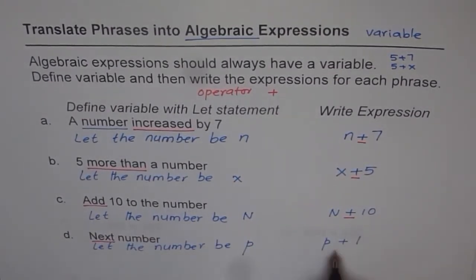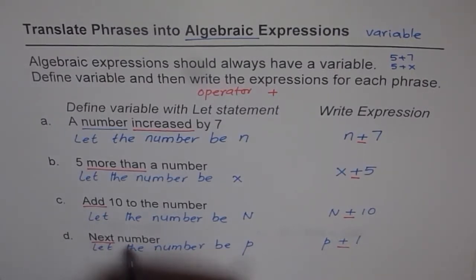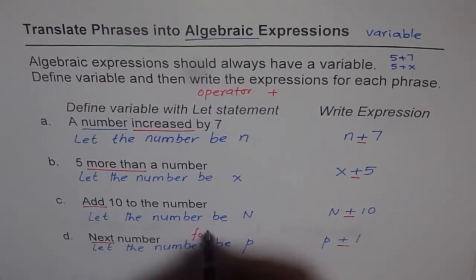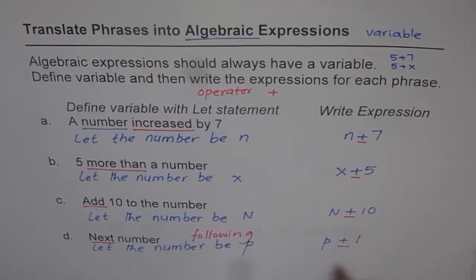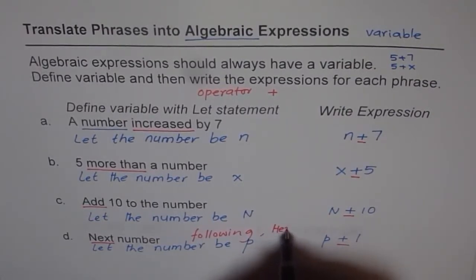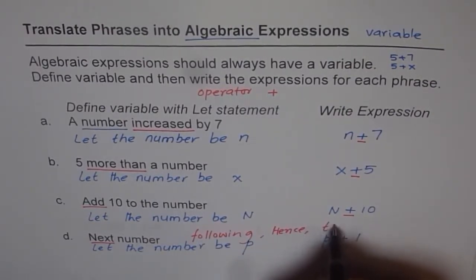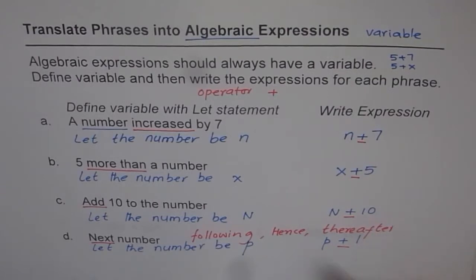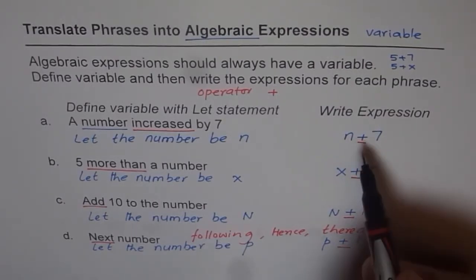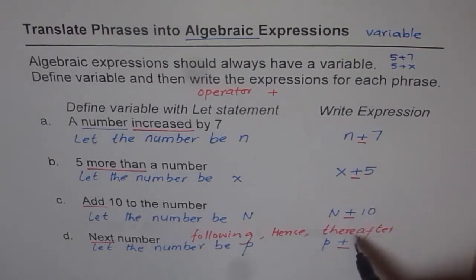Next number means additional, right? Going forward or following number. We can always use following number, right? Next number, following number, or thereafter, or hence. All these terms relate to additional, more than, increased, right? So they will include a plus sign in an algebraic expression.